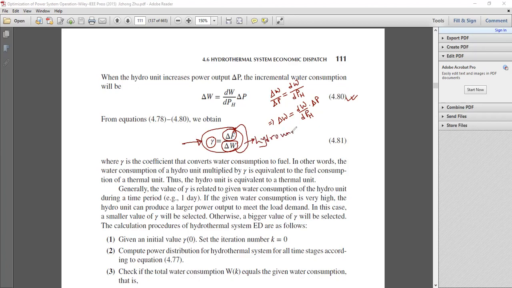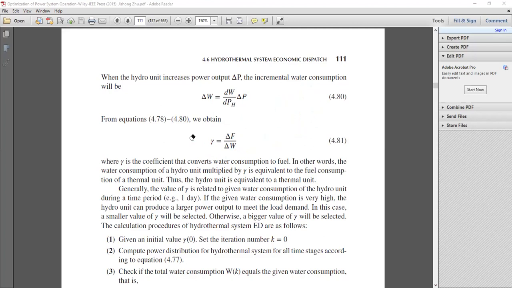This is the explanation of this gamma. Quite interesting, because we said that there is no fuel cost associated with the hydro units, but there is some water consumption with the hydro units. So this gamma basically helps to translate the water consumption into some corresponding fuel consumption. This is the physical significance of gamma here.